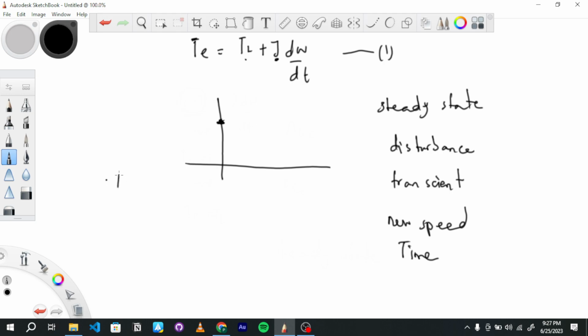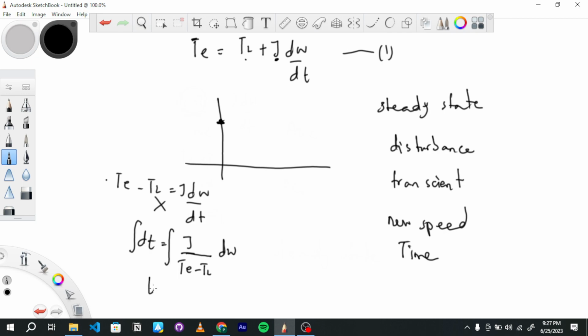From here, I can write that TE minus TL is equal to J d omega dt. If I multiply this, I'll get dt is equal to J over TE minus TL d omega. So if I want to find the time, I'll integrate both sides.